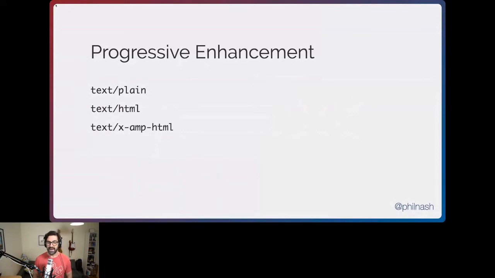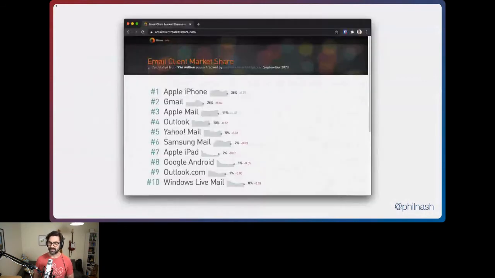And it's not all bad either, because of the email client market share, and this is stats from Litmus Labs, currently based on emails opened in September this year. And sure, the Apple iPhone mail client is at the top there, but Gmail has 26% of all email opens. And then Yahoo Mail's in there at 5%, Outlook.com at 1%. So you can hit about a third of users with this technology.